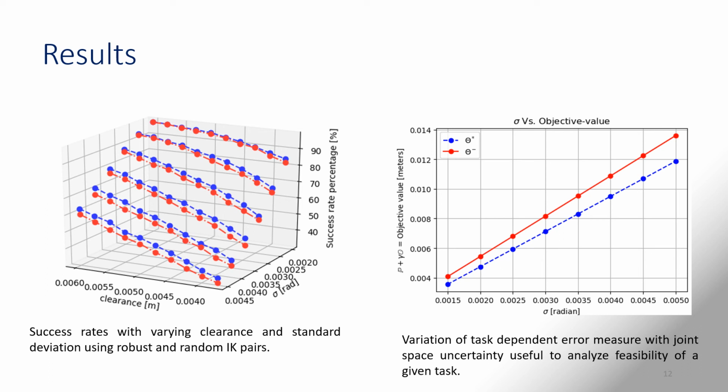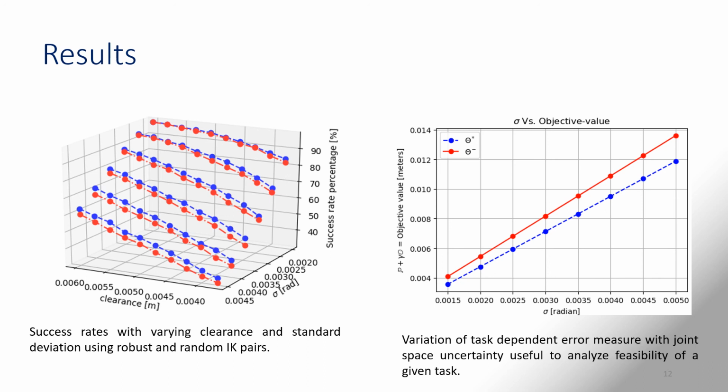As can be seen, when clearance is large and sigma is small, the difference between the success rates of the 2 IK pairs is small. However, if clearance becomes smaller and sigma becomes larger, the robust IK pair gives higher success rates than the randomly picked IK pair. The figure on the right can be used for feasibility analysis.